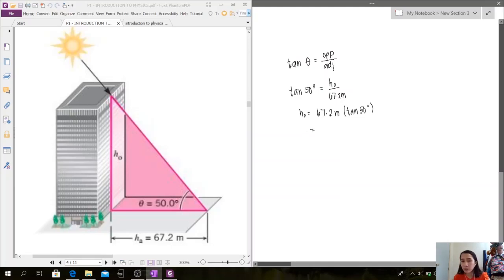So, computing, the height of the building is equal to 80.0858 meters.